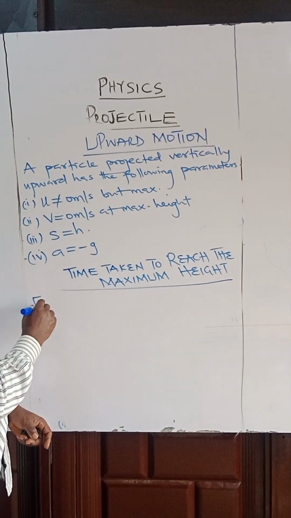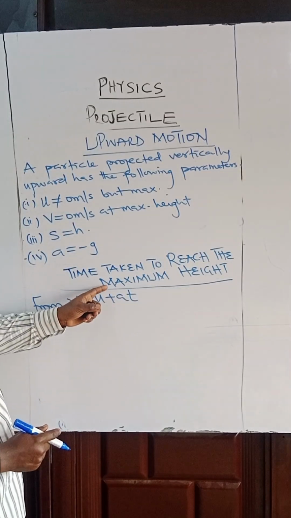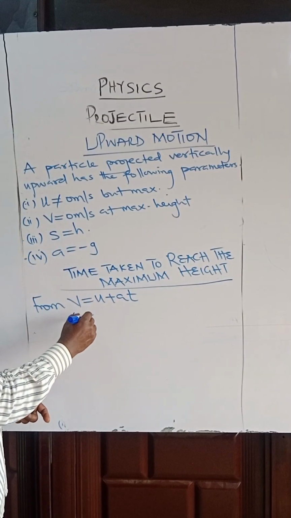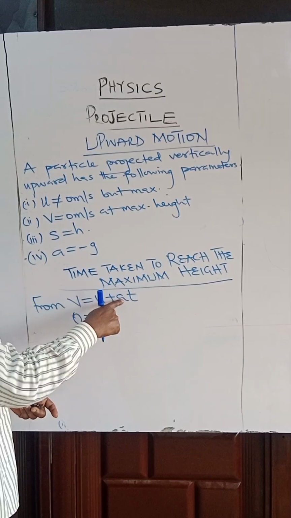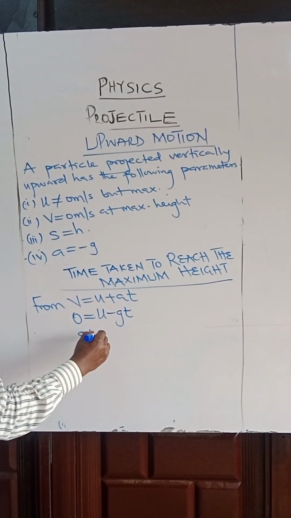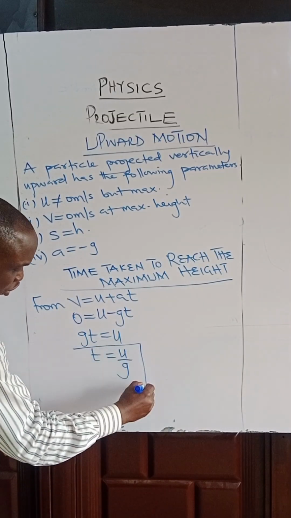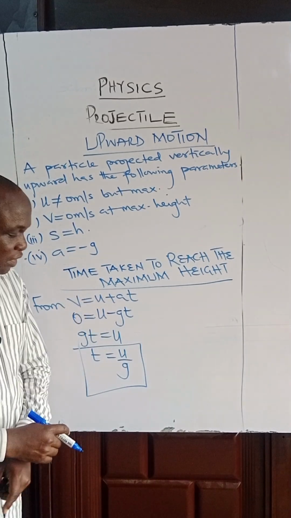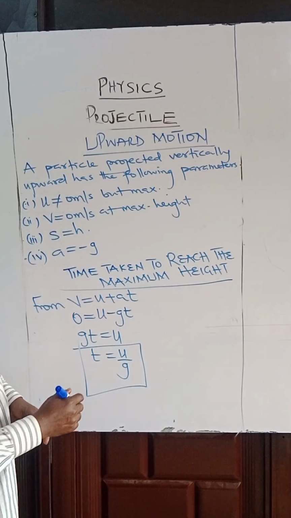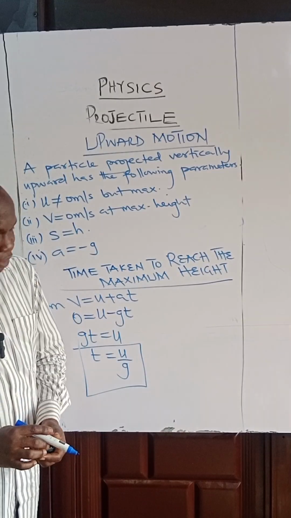From the equation of motion, v = u + at. At maximum height, final velocity is equal to 0. Initial velocity is never equal to 0, but a here is minus g. So 0 = u - gt. Transfer this to this side to get gt = u. Then t = u/g. In one dimension, this is the formula for finding the time taken to reach the maximum height when a body is thrown vertically upward. That is what we have derived here.